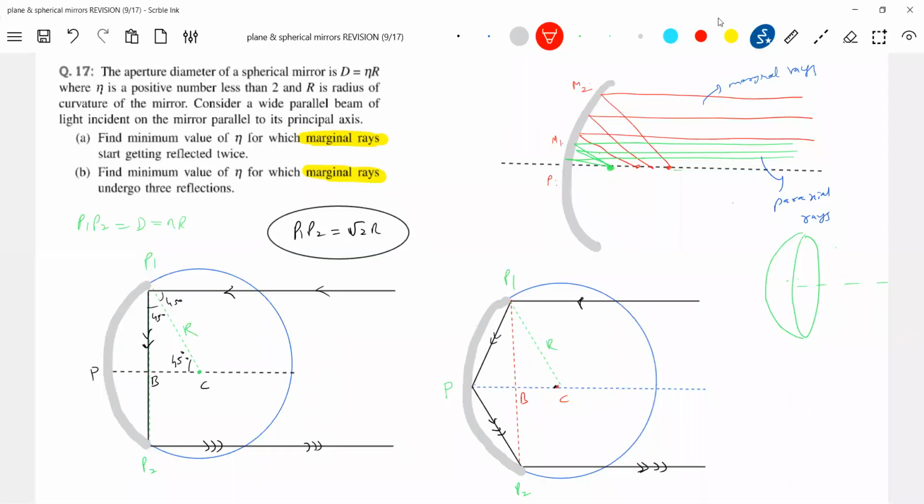What about the angles here in this case? Definitely this should not be 45 degrees. You can see from here, this angle should not be 45 degrees, so don't write 45 degrees.